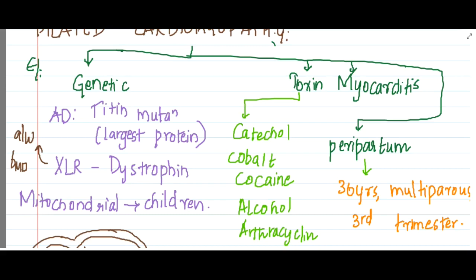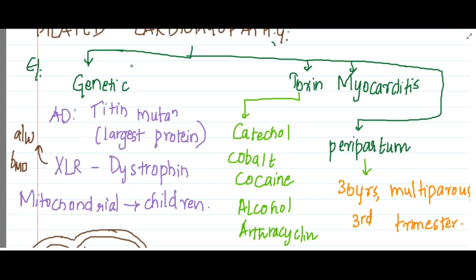Titin is the largest protein expressed in humans. Mutation of titin accounts for almost 20% of dilated cardiomyopathy. In genetic forms, the autosomal dominant pattern is predominant, and it is associated with this titin mutation.